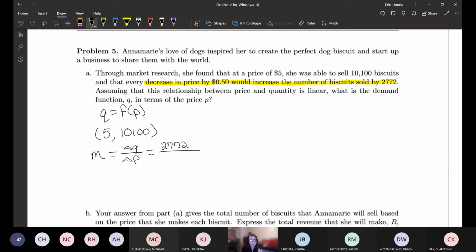And then a change in price would be the decrease by 50 cents, so it's negative 50 cents. And this essentially sets up our slope for us. So sometimes you're not given 2 points, sometimes you're given the slope as words. This would come out to be negative 5,544.